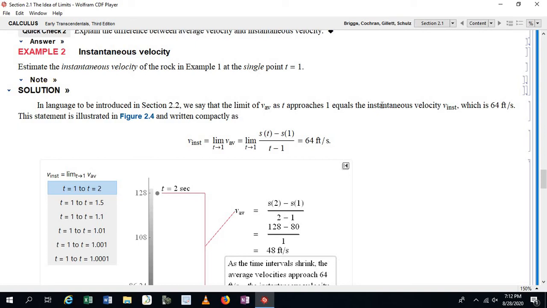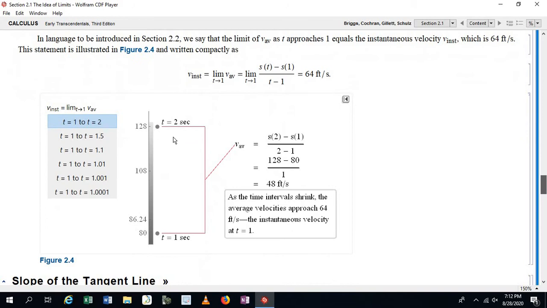Okay, and what we're going to do is we're going to improve on that estimate by shrinking the time between t equals 1 and this larger time. Okay, so this time let's go between t equals 1 and 1.5 instead of 2. Okay, so we're shrinking the time period.